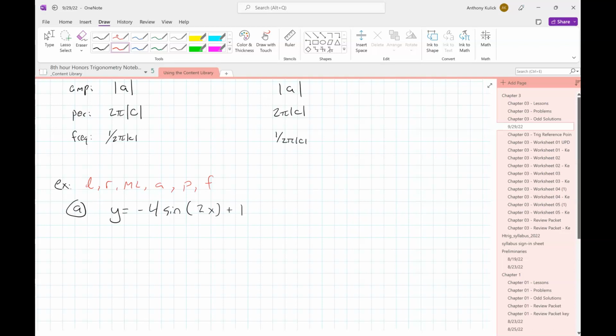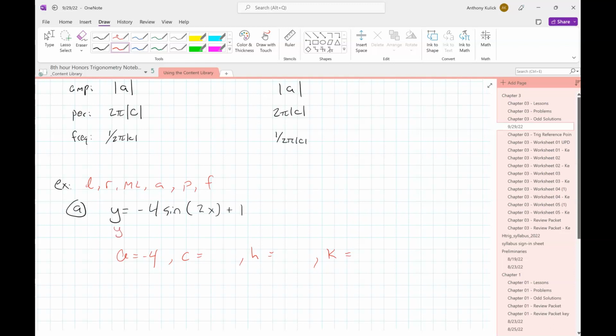The first thing I need is to come up with the values for A, C, H, and K. Looking at my graph, or my equation, I should be able to read the values from this. What's the value for A? -4. What's my value for C?